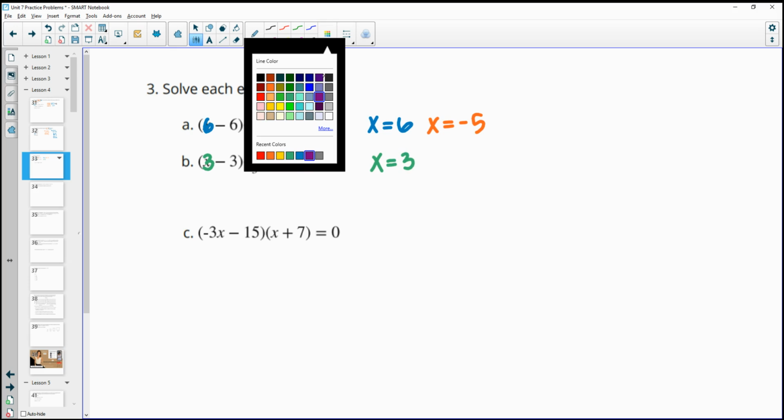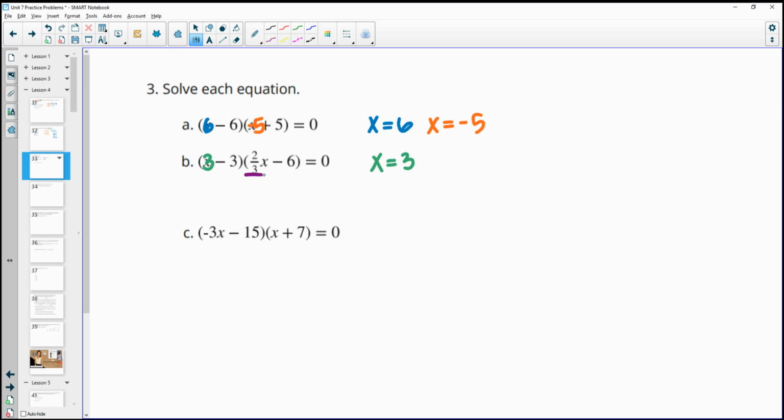Then we can look at this next factor here, and maybe this one's a little bit harder to decide since there's a fraction here. So we could just off to the side set this factor equal to 0 and then solve this equation. We can solve it by first getting rid of the subtraction. So this negative 6, we would need to add 6.